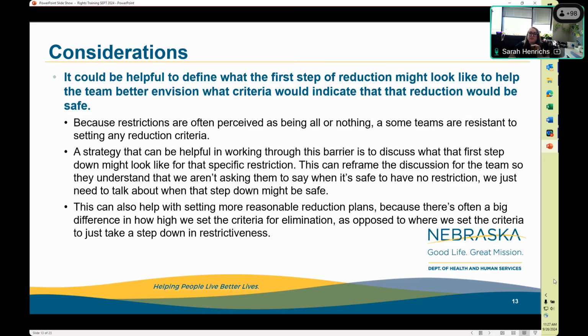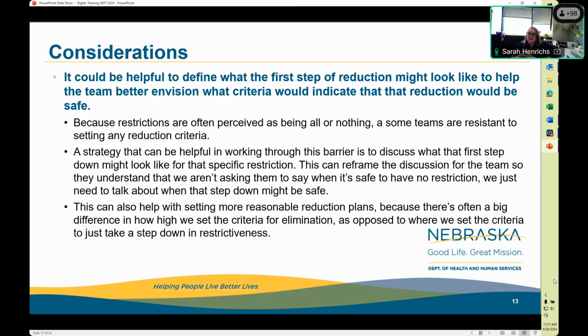And so if we define what that first step down might look like, so if we have a restriction of all sharps, no forks, no scissors, no nothing, if we're struggling to set that reduction criteria, or if the team wants to set it as 0 for 1 year, we can kind of redirect that and reframe it and say, okay, let's think about what our first step down might be.